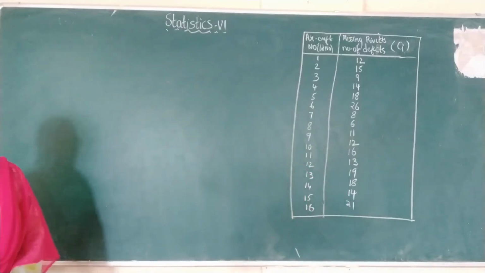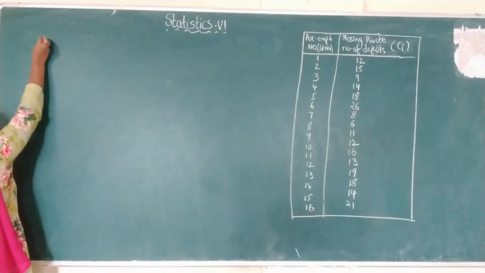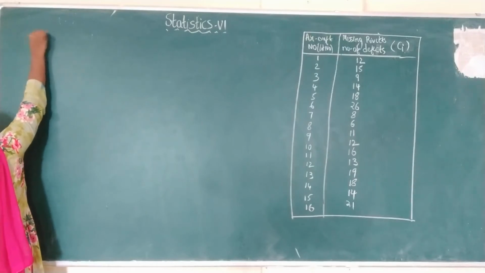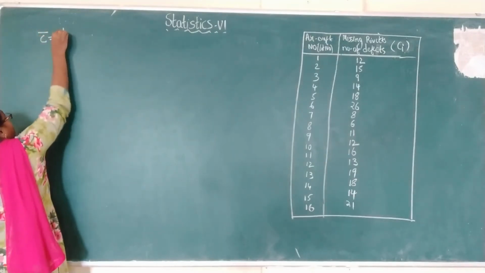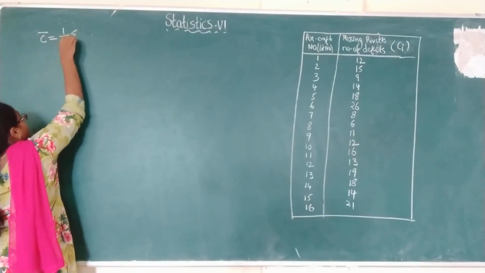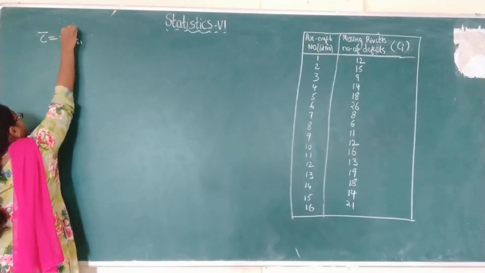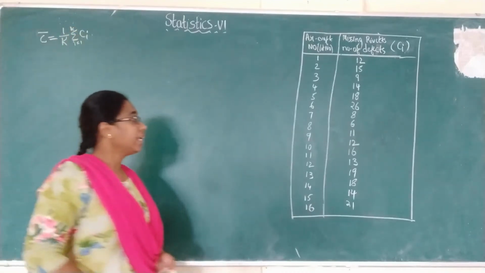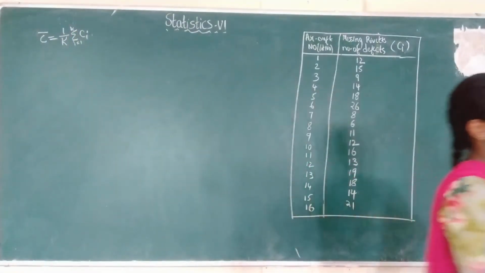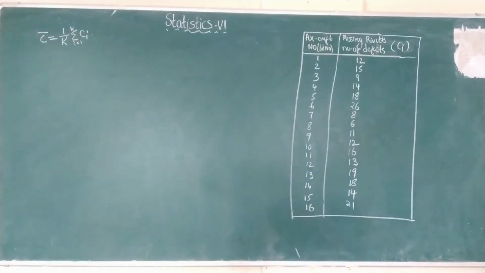So first calculate the C bar value. So what is C bar? C bar equals 1 by k summation i equals 1 to k Ci. So first you have to find the summation of Ci. So add all the number of missing rivets or the number of defects.